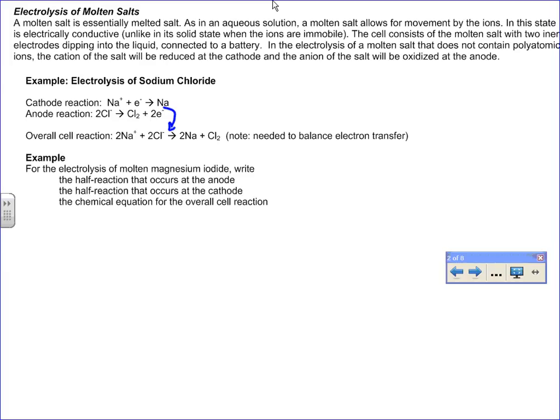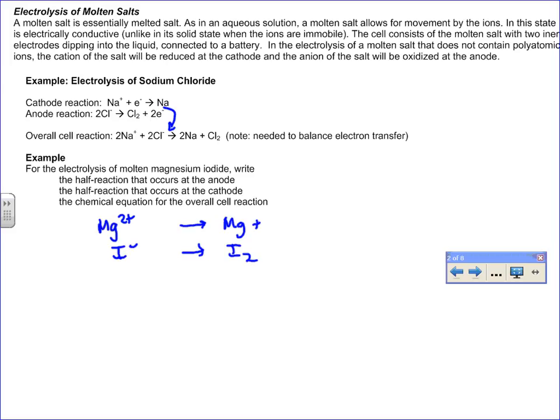So if we want the electrolysis of magnesium iodide, we've got magnesium ions reacting to form magnesium, and we've got iodide ions reacting to form iodine.